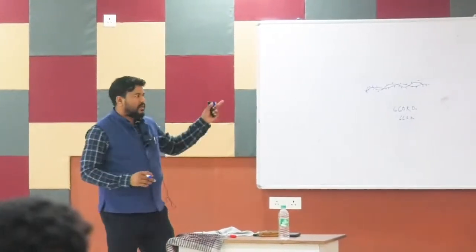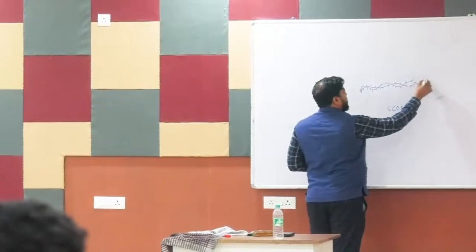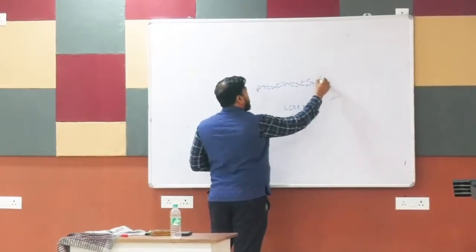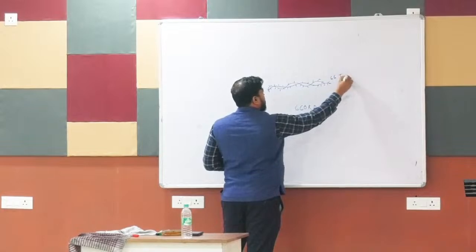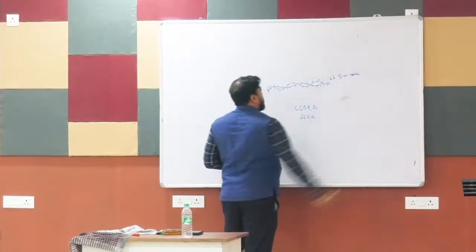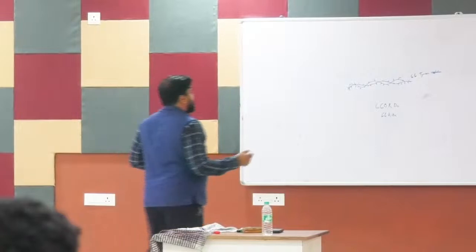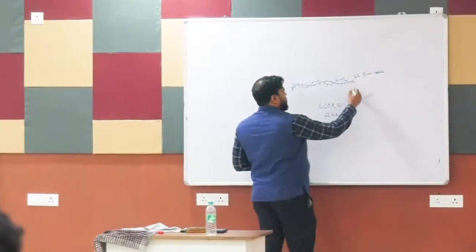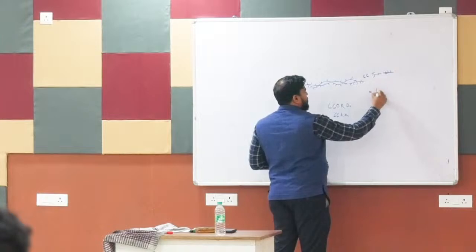Okay, it consists of 2 chains and every chain contains around 66 tyrosine residues. Okay, so total tyrosine residues in a thyroglobulin molecule is approximately 130.